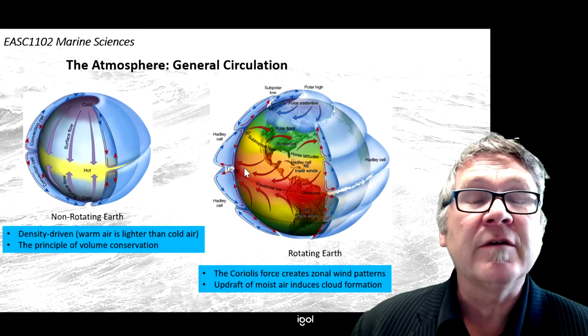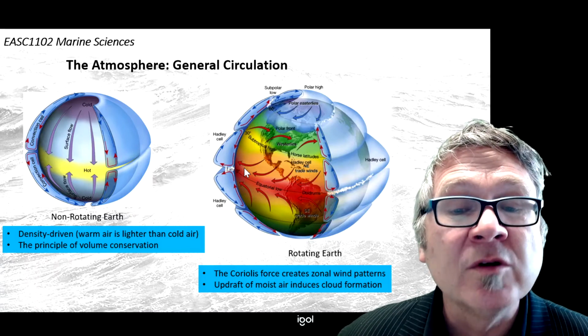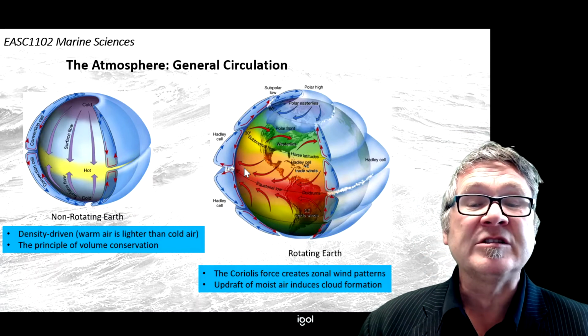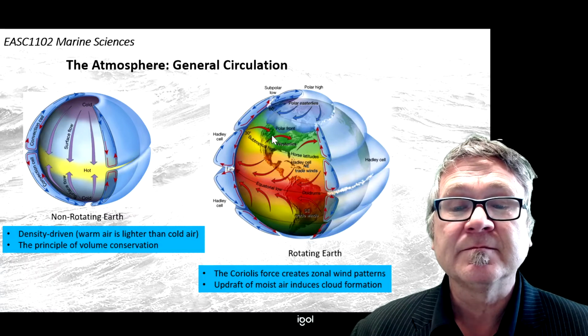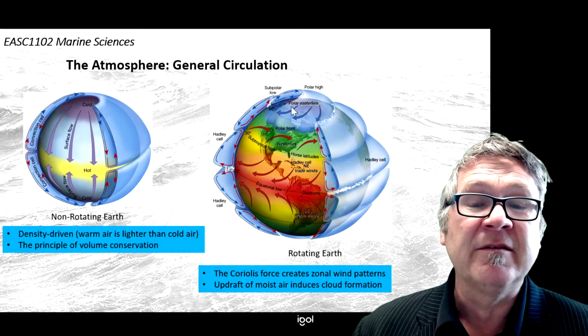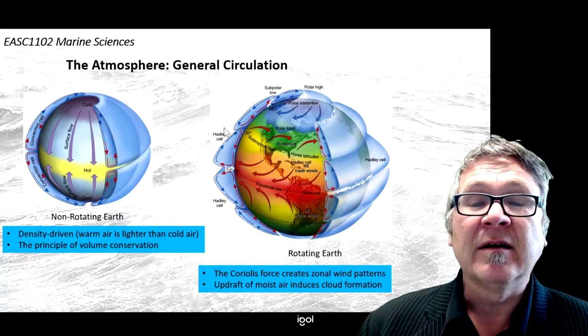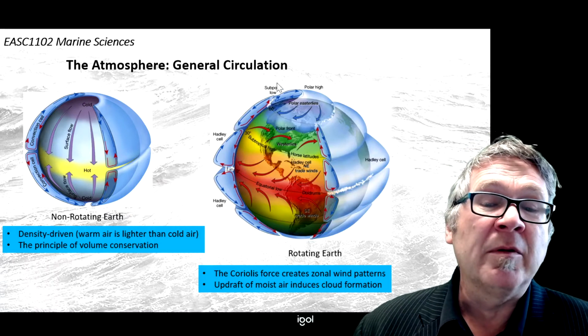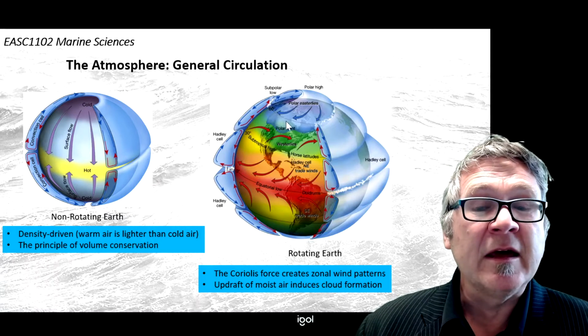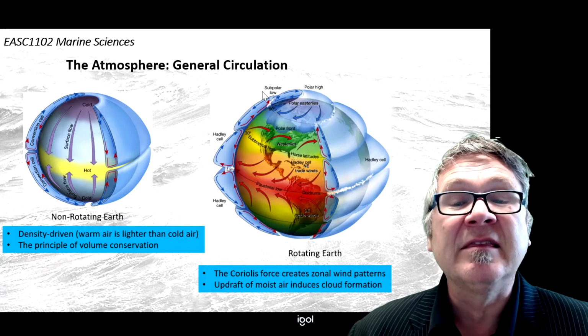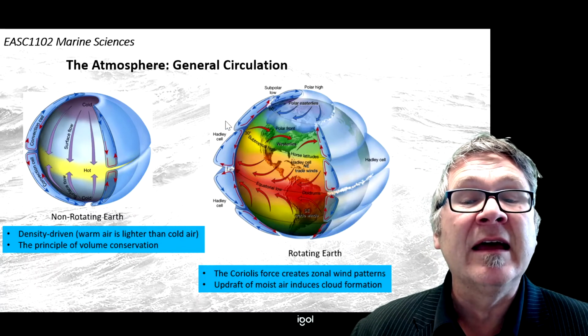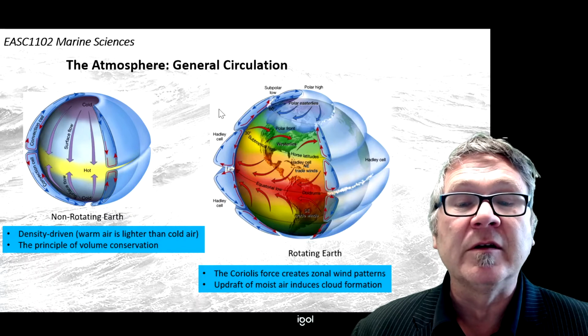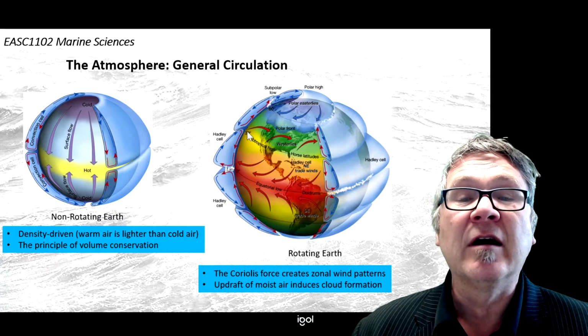Under the influence of rotation, you get more. You also get a cell which starts at the mid latitudes. These cells are called Ferrel cells, and they are moving the opposite way. But the important point here is that these cells also create a downdraft, a downward movement.